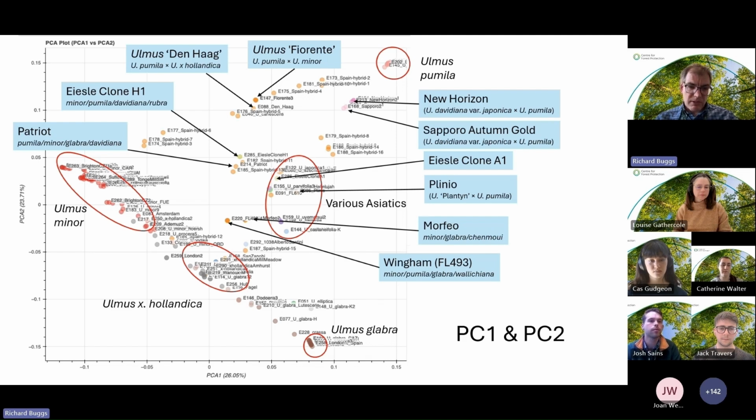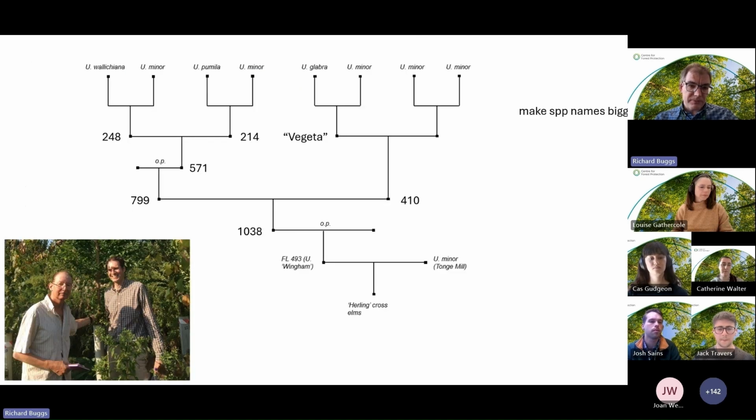Wingham, which has minor, pumila, glabra, and wallaceiana inside it, comes out kind of intermediate. Sapporo Autumn Gold and New Horizon, which are both known to be hybrids between Davidiana and pumila, are coming out between those species. So it all seems to make sense.